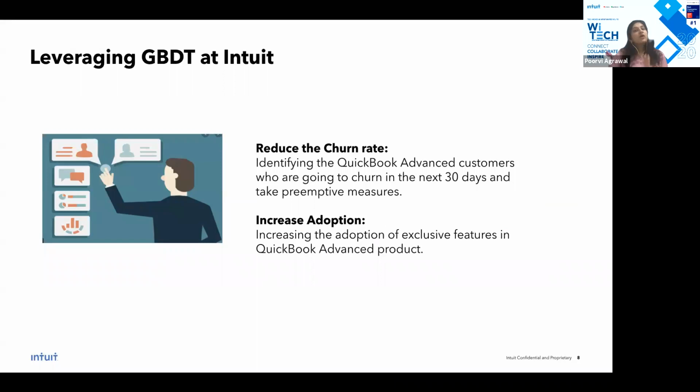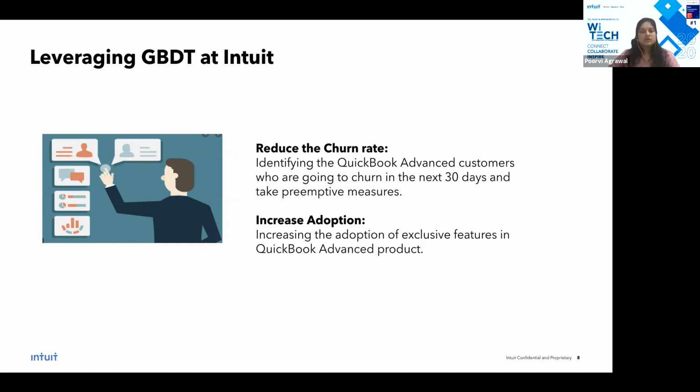Now we are also leveraging GBDT for a lot of problem spaces at Intuit. One example is that in the QuickBooks Advanced product, we are identifying who is going to churn from the product in the next X days, and then we can take preemptive measures. So here we are using GBDT for a classification problem.